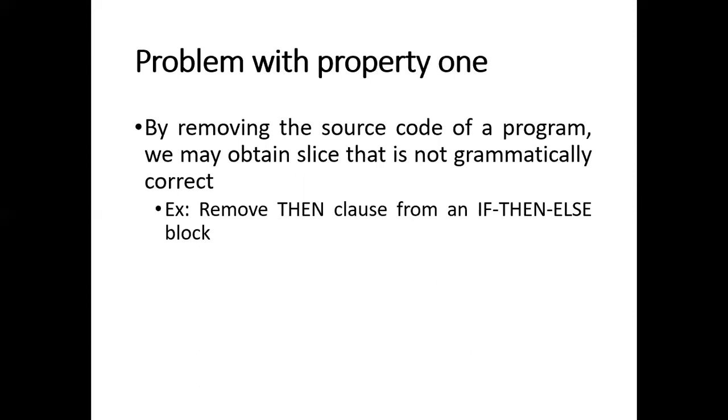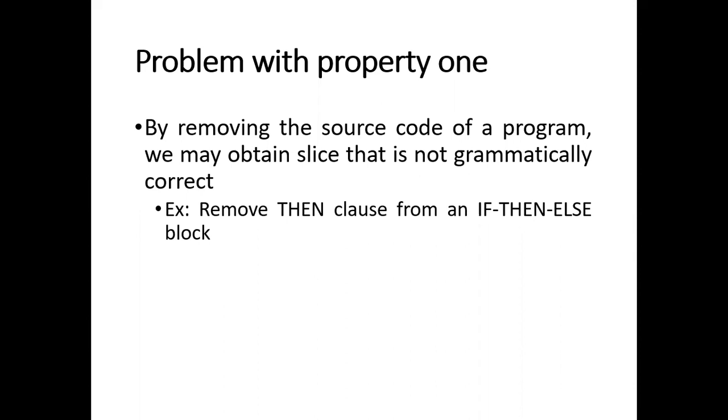So in some cases, you are slicing or deleting your program code in order to get your slice, right? In some cases, let's assume you have an if-then-else block and you simply remove only the then clause. In that case, you would have if-else, but that is not correct.